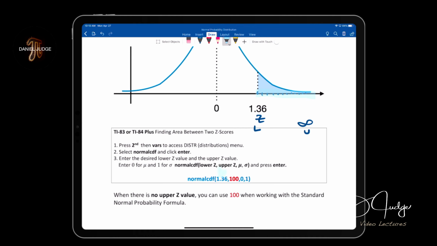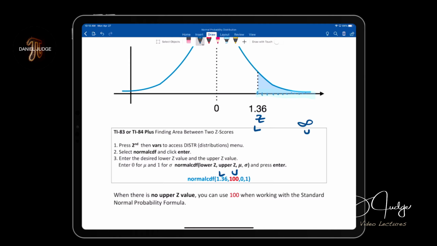Lower, upper. We don't have infinity, but we do use a large number, largish. 100's not large, but compared to some of these other values, it is. If you want, use 1,000.